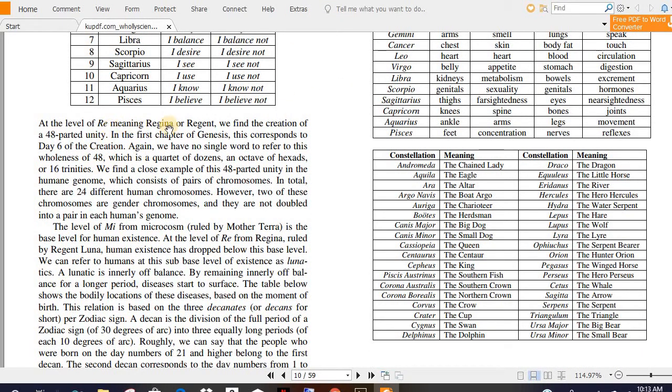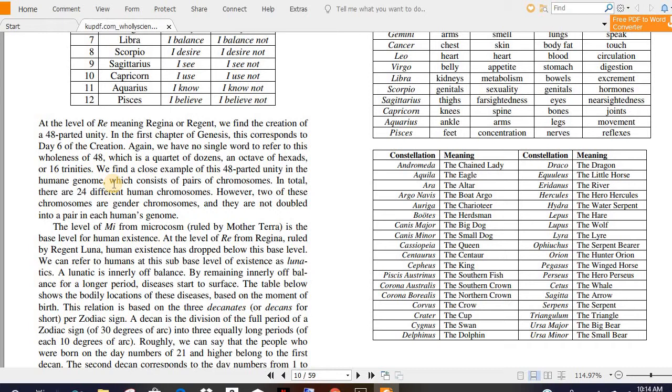At the level of Ray, meaning Regina or regnant, we find the creation of a 48-parted unity. In the first chapter of Genesis, this corresponds to day 6 of the creation. Again, we have no single word to refer to this wholeness of 48, which is the quartet of dozens, the octave of hexads, or 16 trinities.